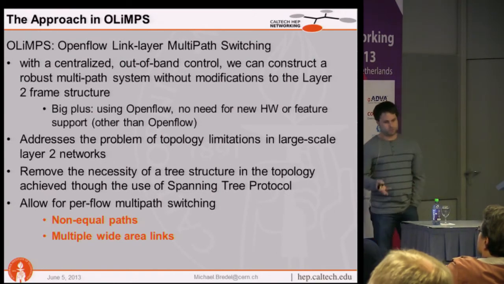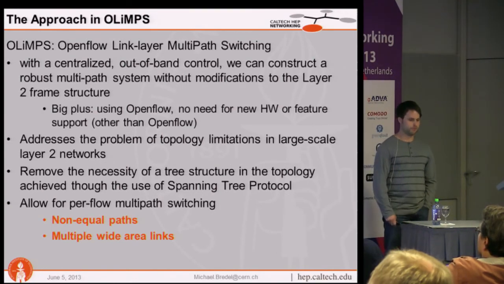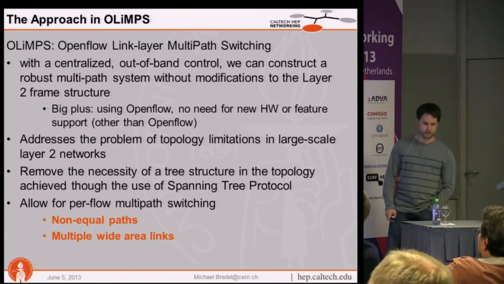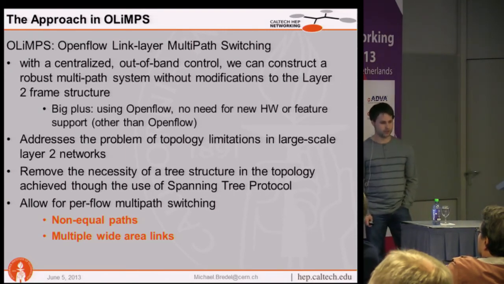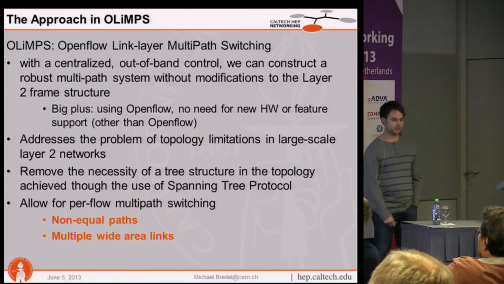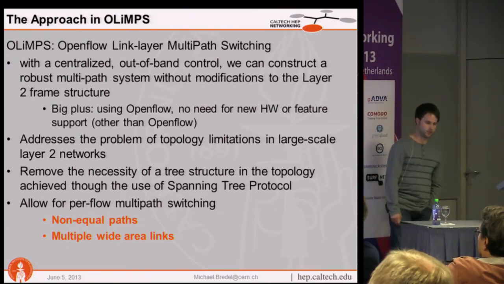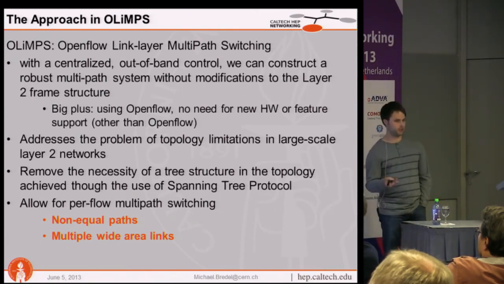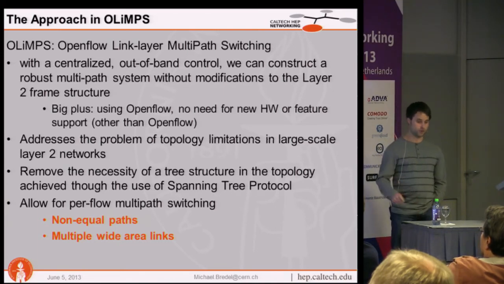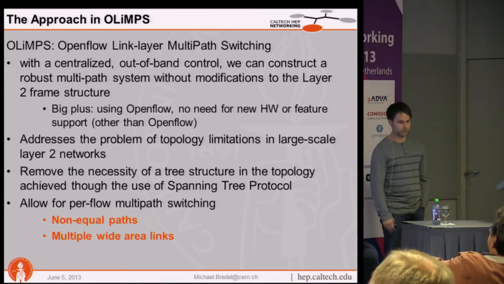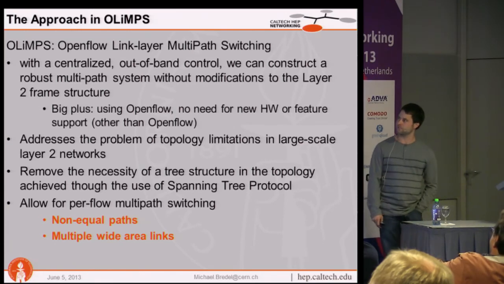The OLIMS project now tries to address these problems and limitations, especially in large-scale layer 2 networks. We are using a centralized out-of-band control, the OpenFlow controller, to construct a multipath system that is robust.